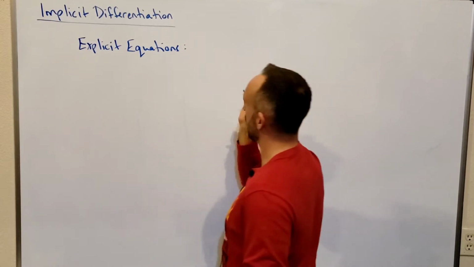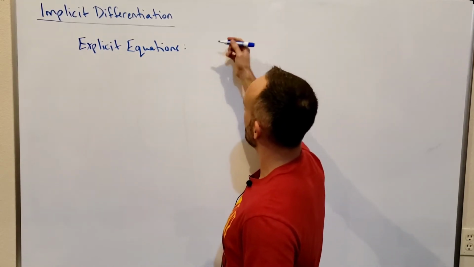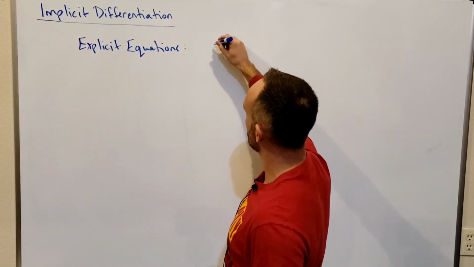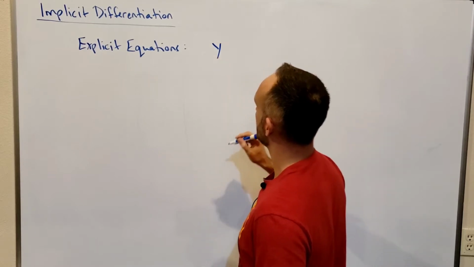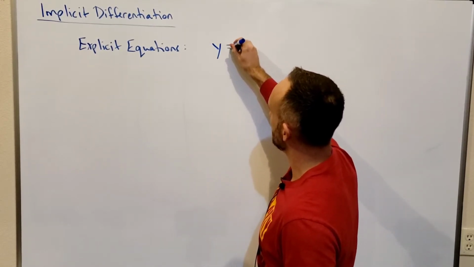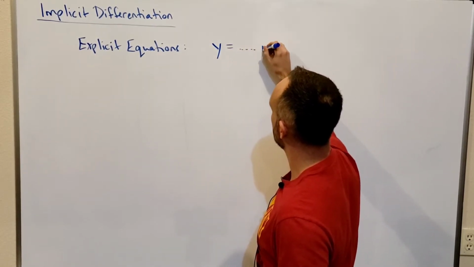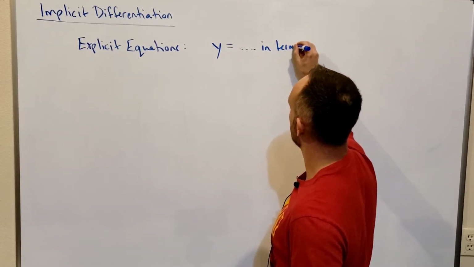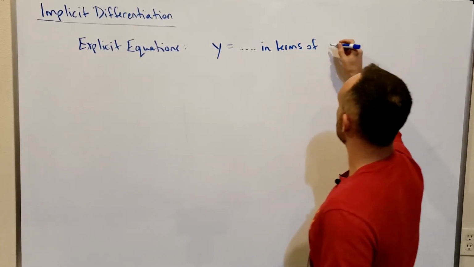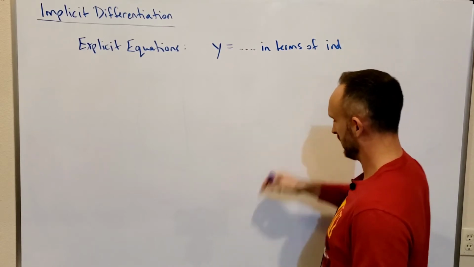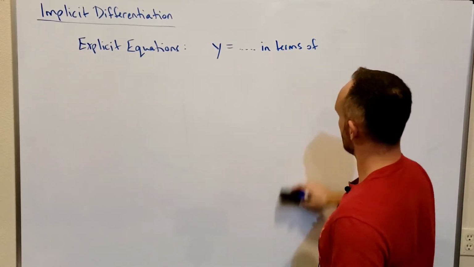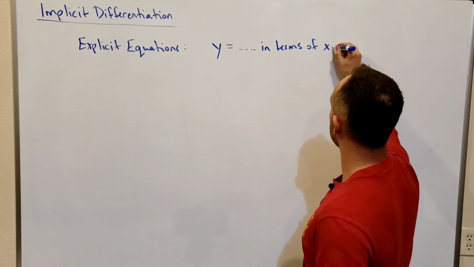Explicit equations are where you have your dependent variable, like y, equals an expression in terms of your independent variable. So let's write this like this, in terms of, let's say, x.